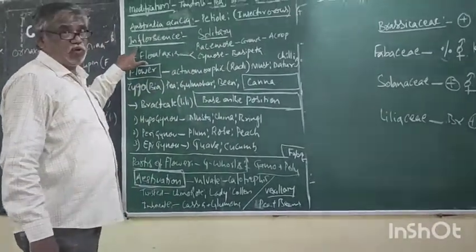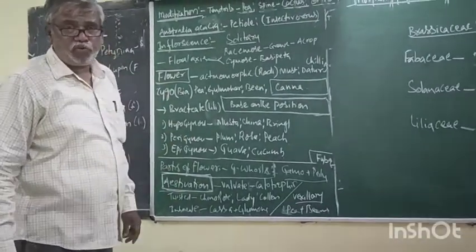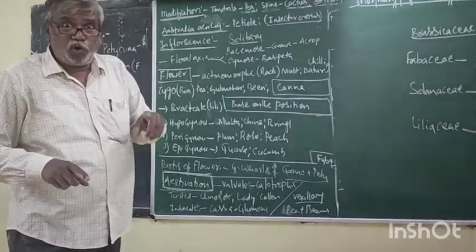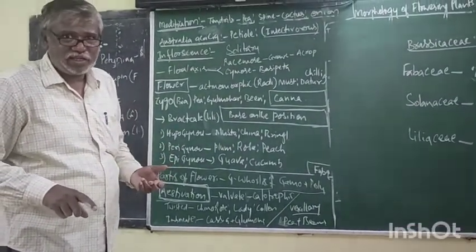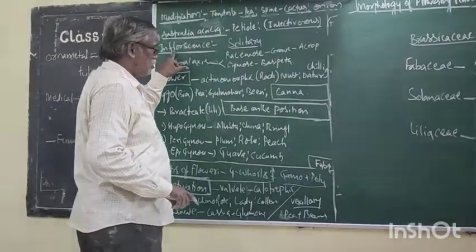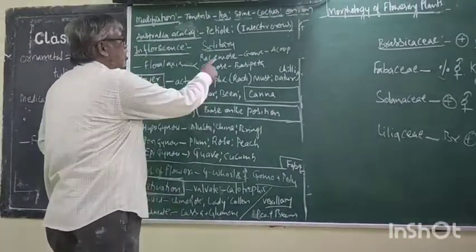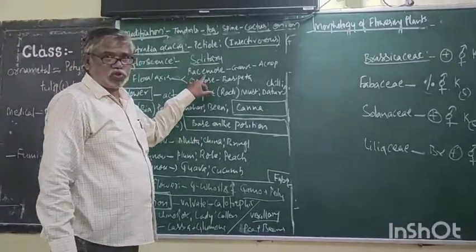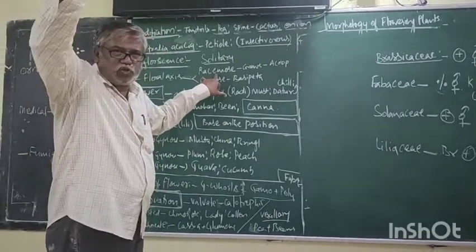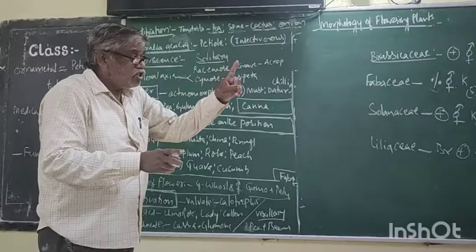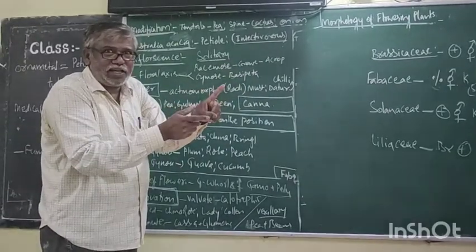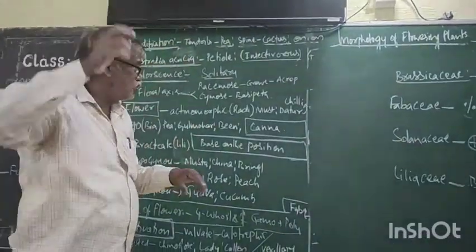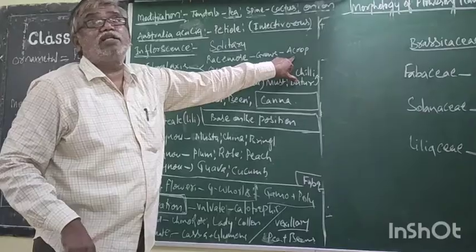Now come to the inflorescence. The arrangement of flowers on the floral axis is called inflorescence. There are generally two types, racemose and cymose. In racemose, the floral axis has continuous growth. Due to this, the flowers are present laterally to the axis, in an acropetalous manner.